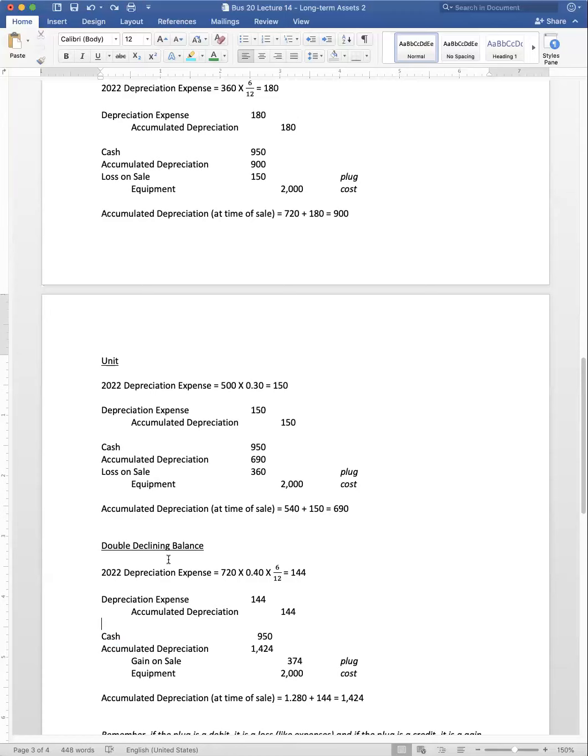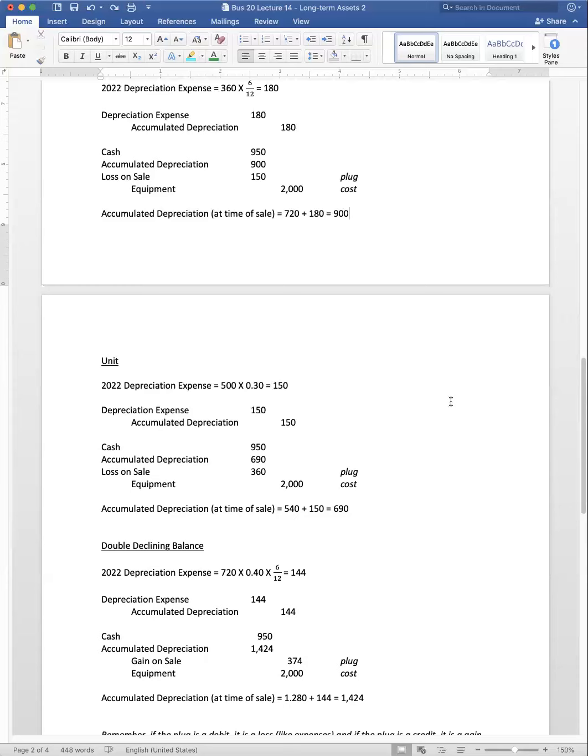So if we use a method like declining balance where we take a lot of depreciation, then the accumulated depreciation is very high and we're more likely to have a gain. But if we use a method where the depreciation expense is lower, then we'll have a low accumulated depreciation and we're more likely to have a loss. Now, in a few weeks, we're going to be talking about cash flow statements. And at that time, I'm going to bring up this example again.